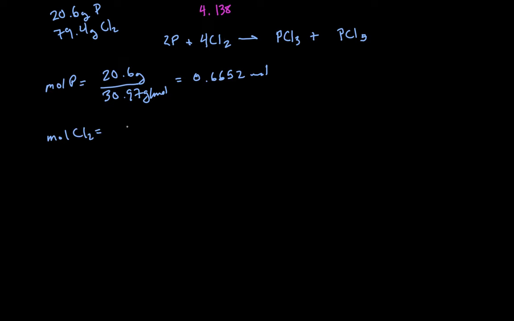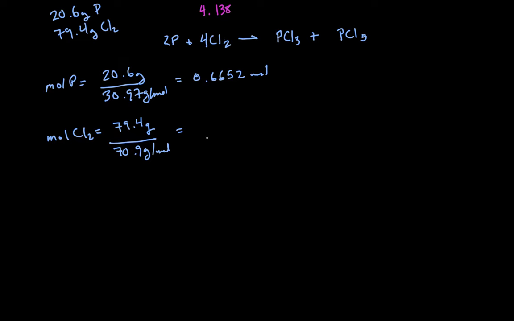Okay, and let's get our moles of chlorine. Same way, you guys have done this a million times. 79.4 grams. Do remember that we're doing chlorine gas, so we're multiplying 35.45 times 2 to get 70.9 grams per mole.